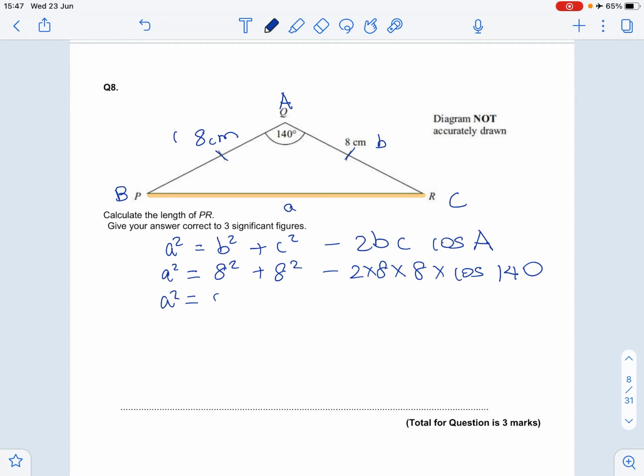So we get a squared equals 226.05. But remember, we want to find the length a. This is a squared, so you must remember to square root your answer. So your final answer is 15.023 to 3SF.